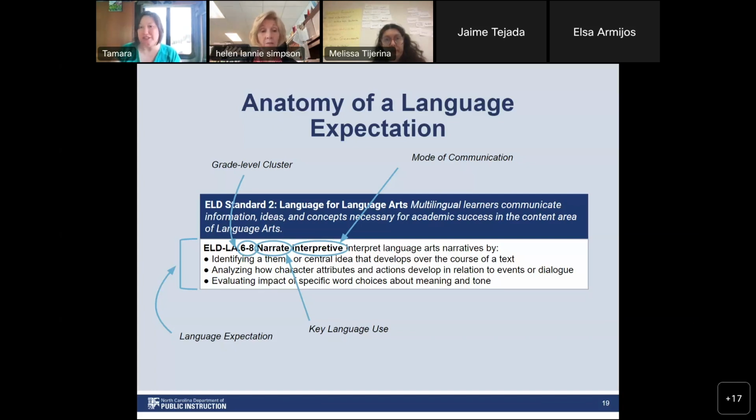And I will say, especially in ELA, because I don't know science and math the same way, our narrate and inform key language uses and language expectations really line up with ELA standards on grade level, the exact same skills, with a little bit more information for the teachers of how to help multilingual learners achieve these expectations. Exactly.